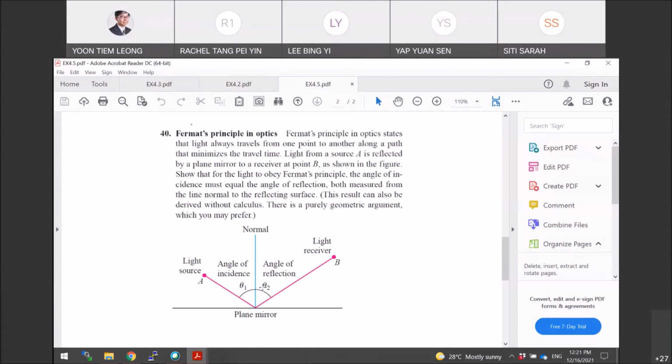Then by applying the optimization problem, that is to require the time taken from A to B to be a minimum, you expect the answer when you minimize it is that θ1 must be equal to θ2 in order for the minimization to occur. So this is a question of a proof. Before you can prove it, you already know what you should show. You should show finally θ1 must be equal to θ2. Right. So that is Fermat's principle. Let's see if we can do it.